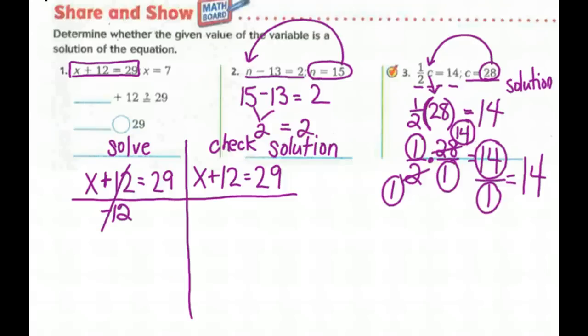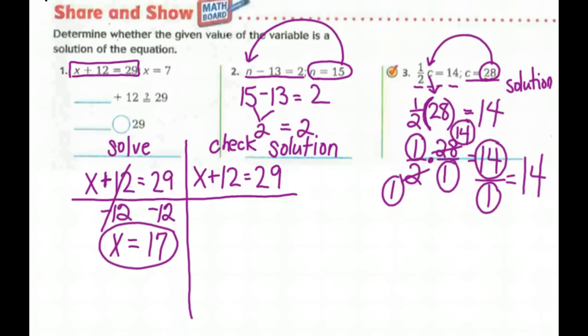Whatever I do to the left of the equal sign, I have to do to the right. So now I have x by itself equals whatever 29 minus 12 is. And 29 minus 12 is 17. So I have my real solution to this problem right here, that x would be 17.